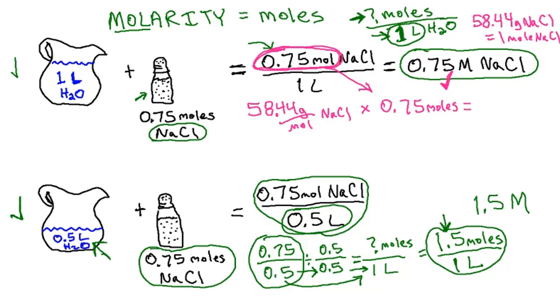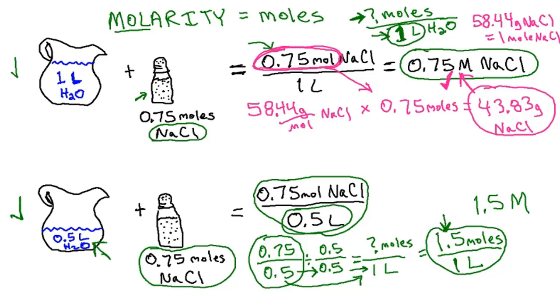So 58.44 times 0.75 moles gives us 43.83 grams of sodium chloride in 1 liter of salt water with a molarity of 0.75.